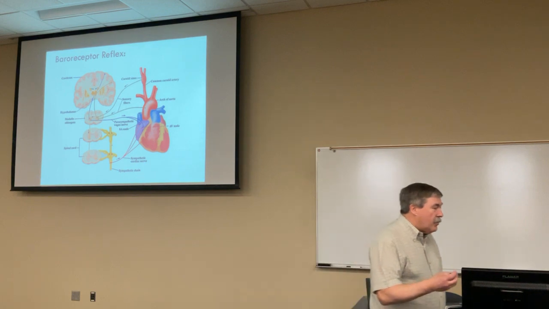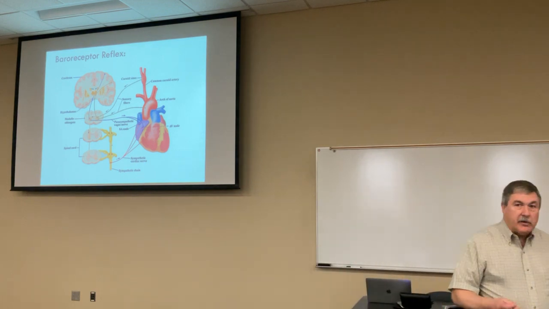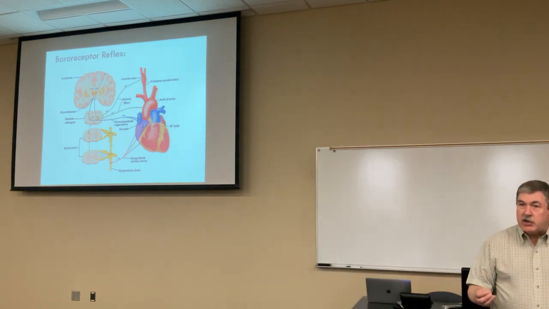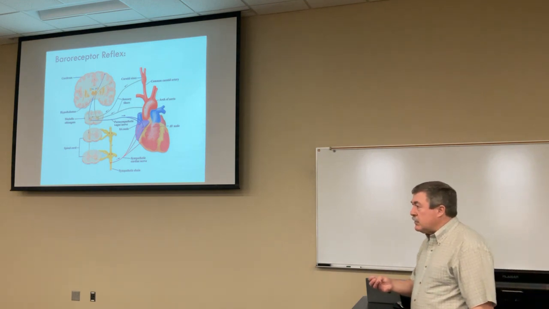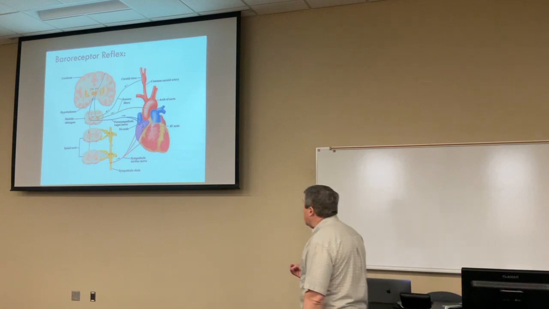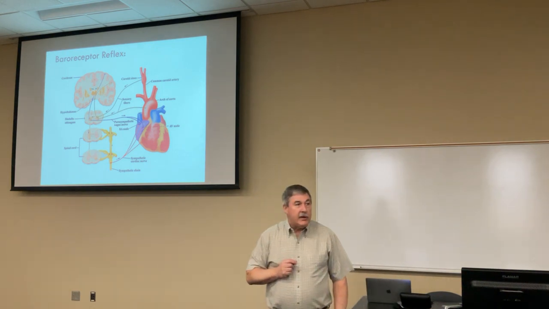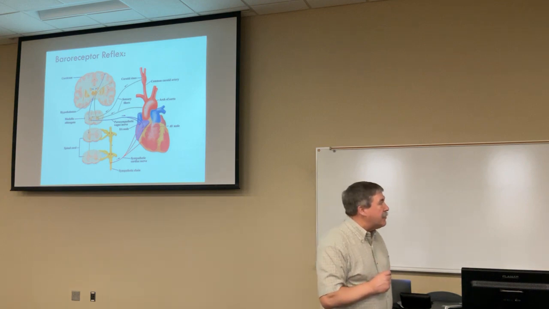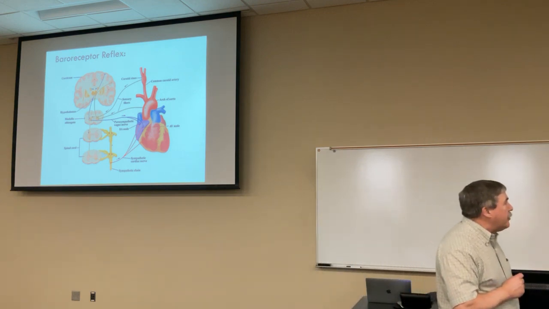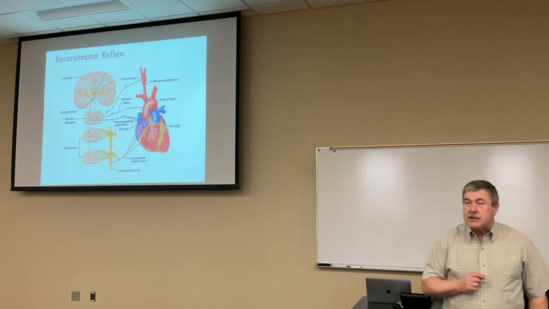Baroreceptors monitor blood pressure via the amount of stretch in large arteries. And the two places where these baroreceptors are located are in the aortic arch. That's one place. There's aortic baroreceptors there. And the other place is in the carotid sinuses.